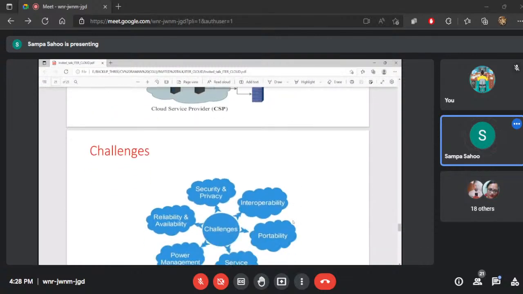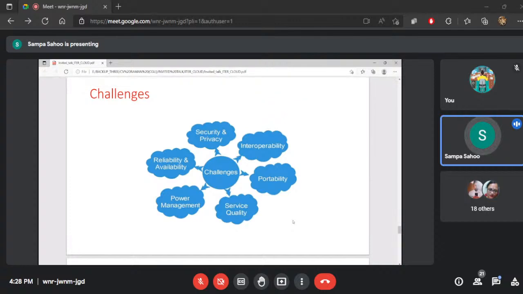Okay. Till now we have talked about all the advantages of cloud, but nothing is perfect. Even if it is perfect, there are chances of some improvement. Like that, cloud computing has many advantages, but it has some challenges also.